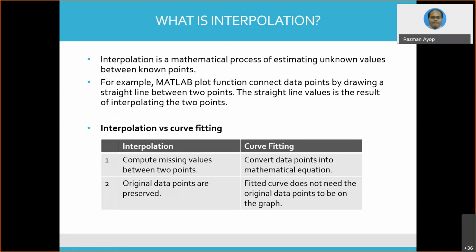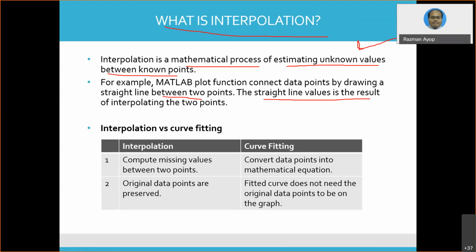So we start with interpolation data. What is interpolation? It is basically a mathematical process that estimates unknown values between known points. You have known points, and you want to estimate the unknown value. For example, the MATLAB function connects data points by drawing a straight line between 2 points. This one is a linear example, a straight line.